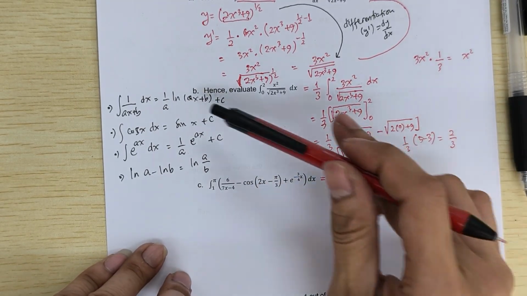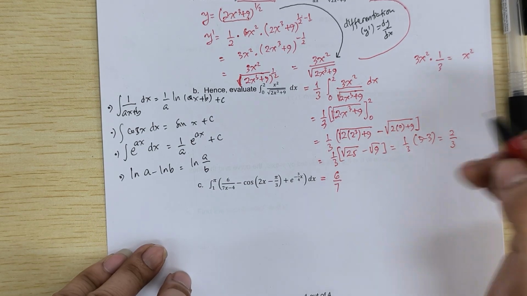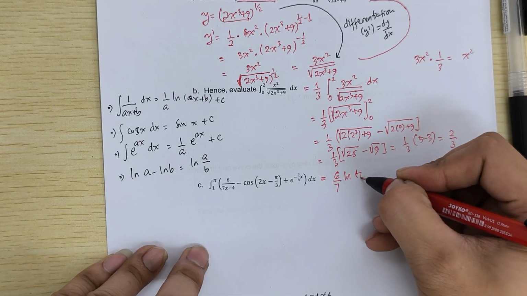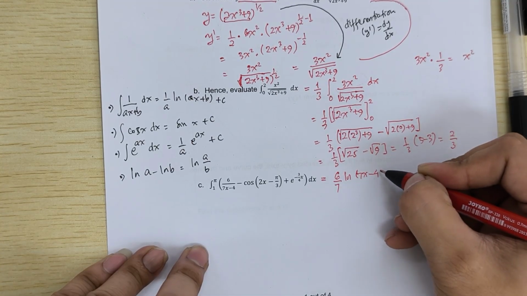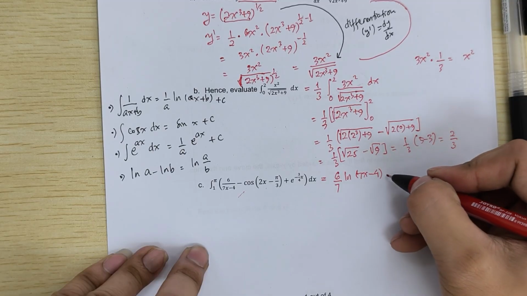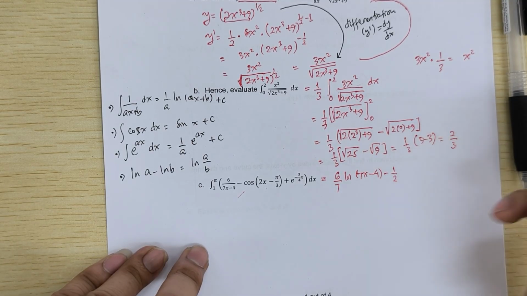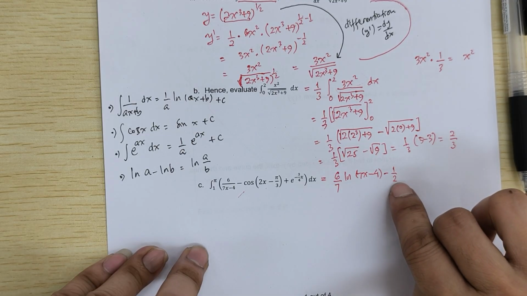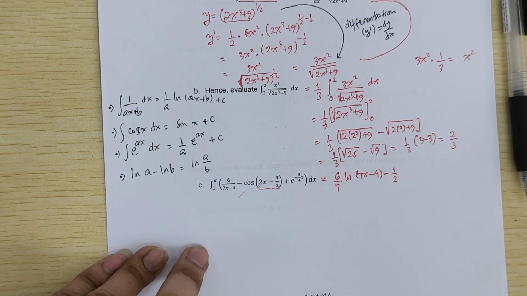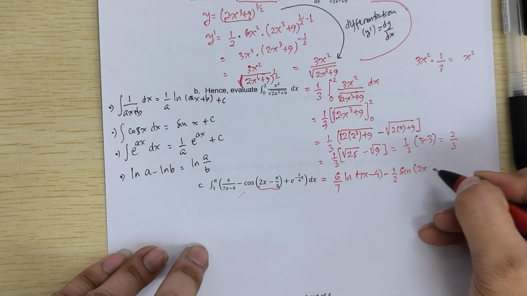If you integrate this one using this rule, that's going to be 6 over 7 ln of (7x minus 4), and then the integration of cos is sin, so it will be 1 over 2. We got 2 here from the derivative of the terms inside the bracket with respect to x, so 1 over 2 sin, and the terms inside the bracket remain.